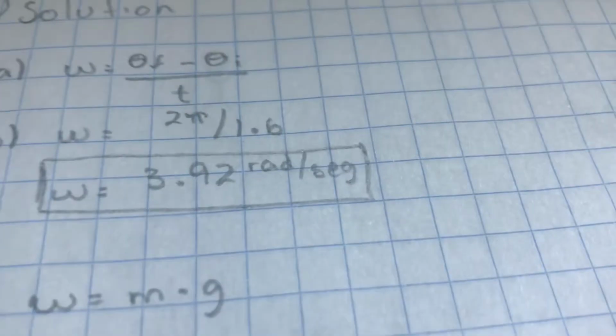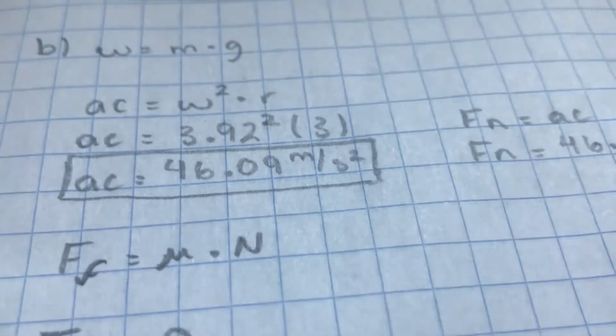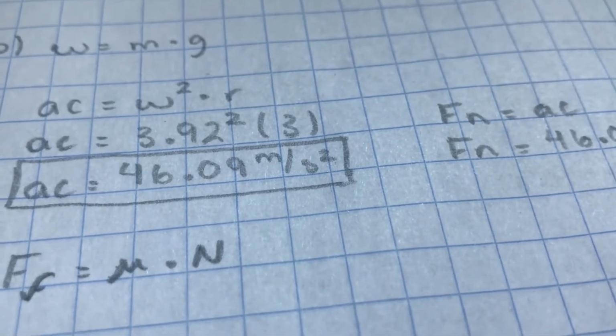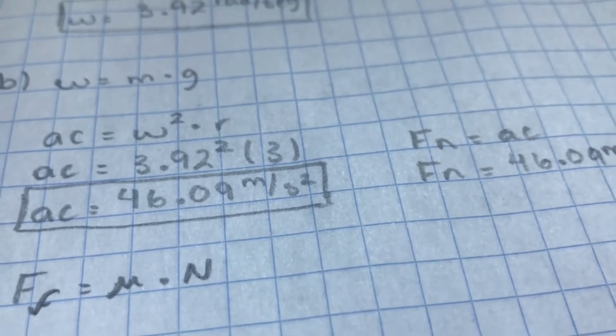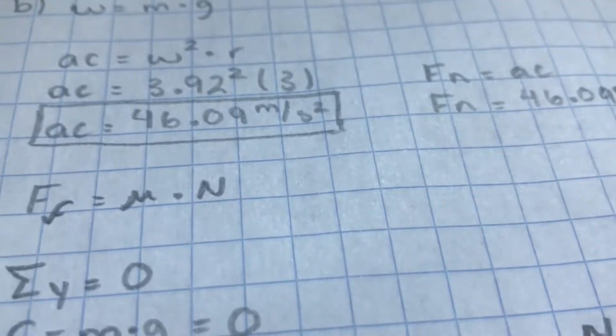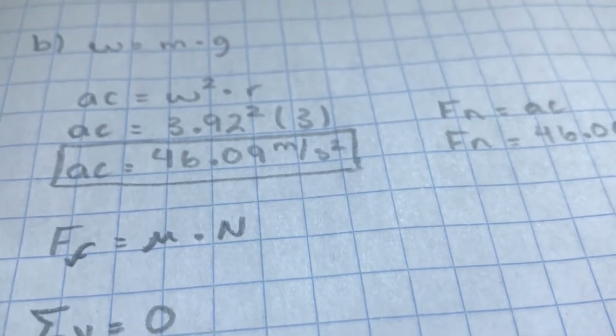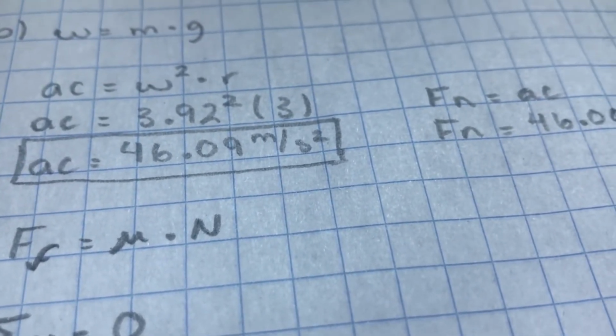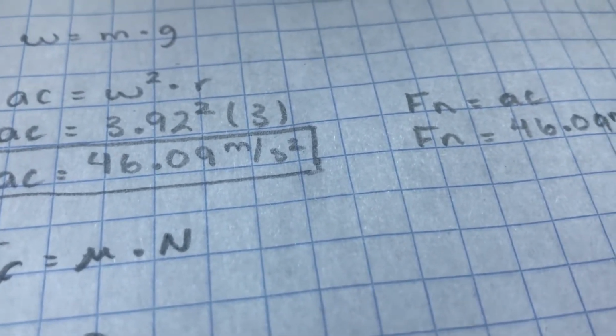We know the angular speed already, so it is 3.82 squared times 3, which is the radius of the cylinder, and we obtain that the centripetal acceleration is 46.09 meters per second squared.